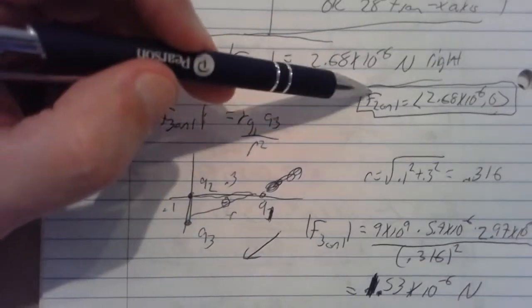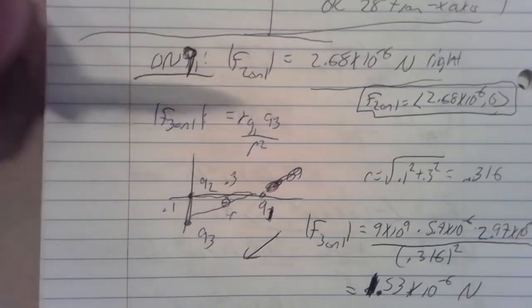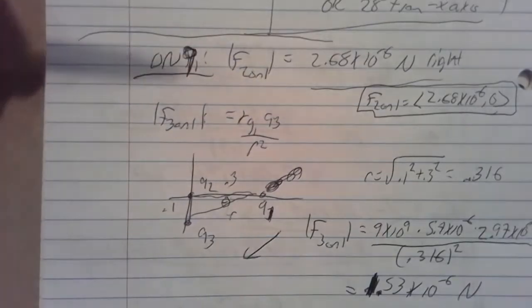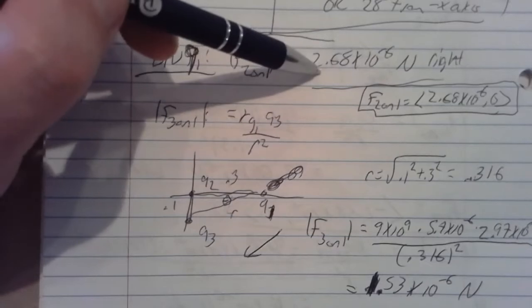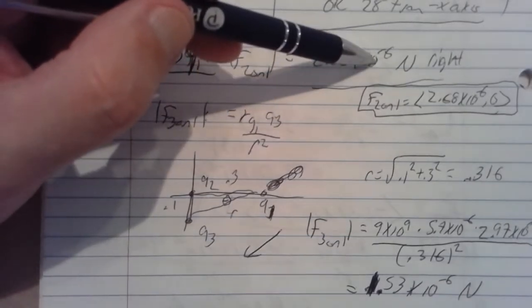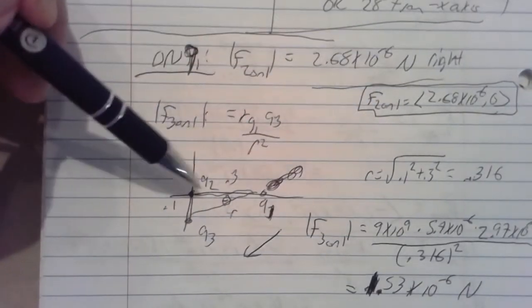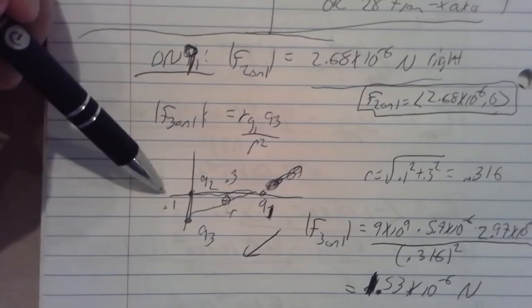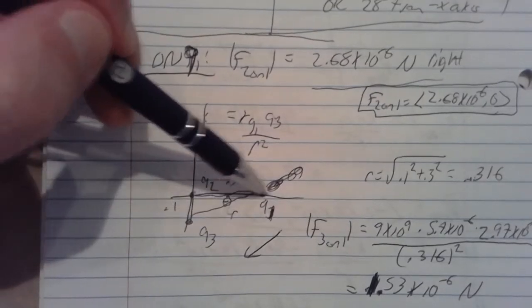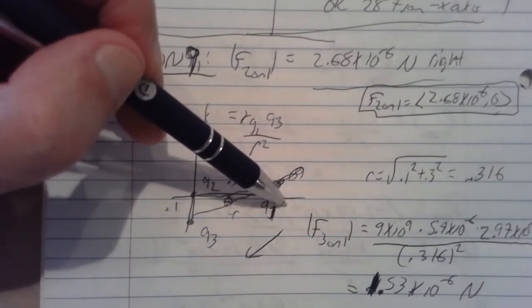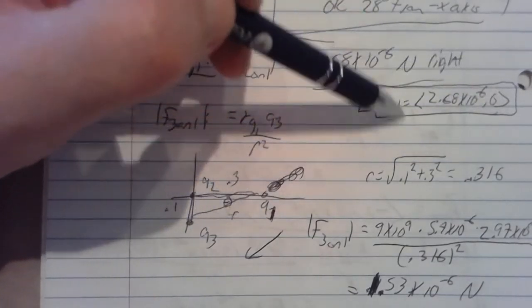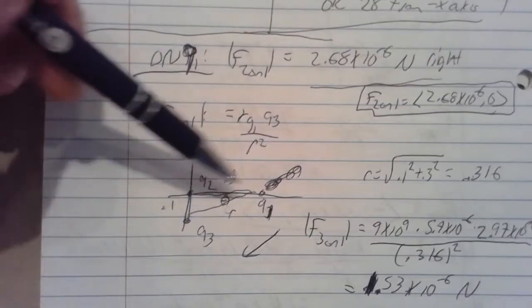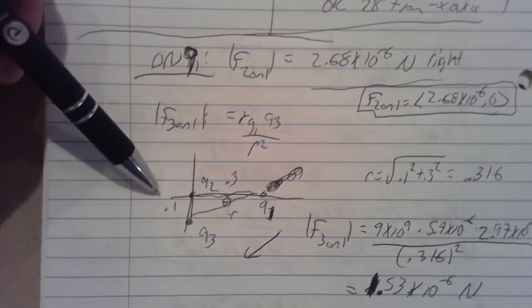F2 on 1, we already know that's just the opposite force of 1 on 2. We just did that a minute ago. 2 on 1 will be 2.68 times 10 to the negative 6 to the right. Those are a third law pair. 1 was pushing on 2, so 2 pushes back on 1. So F2 on 1 is this vector, equal and opposite to what 1 on 2 was.